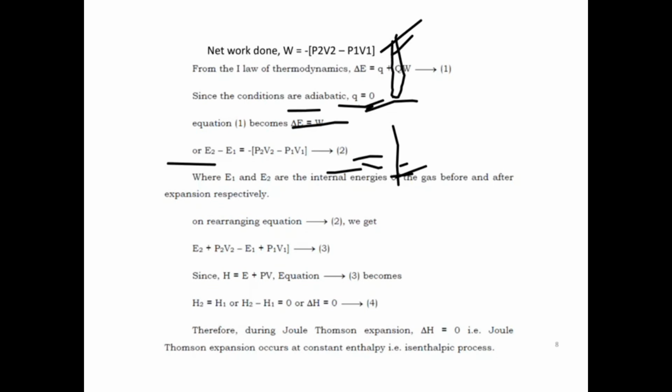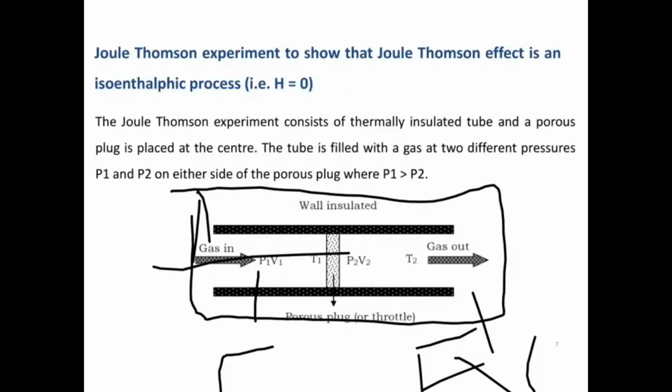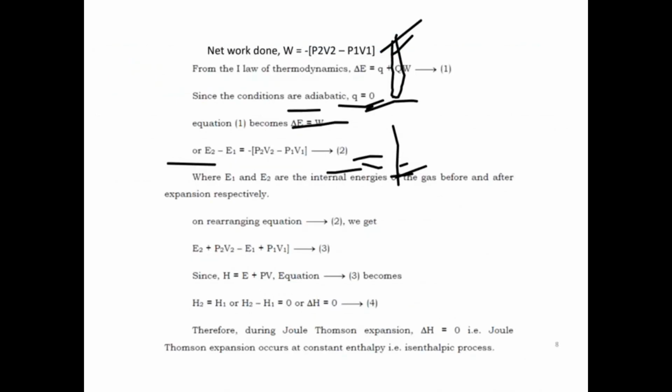The energy also changes when the gas is kept at a certain pressure; the energy can be liberated or consumed by that gas. So that can also be calculated. E2 minus E1 is equal to minus P2 V2 minus P1 V1. That is equation 2.